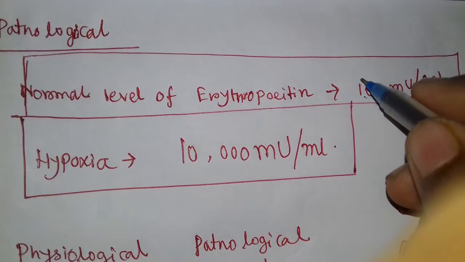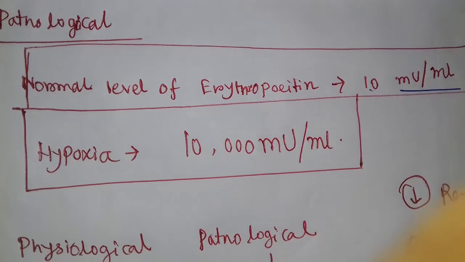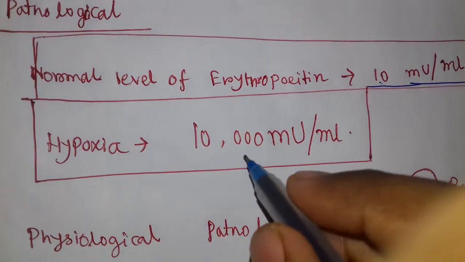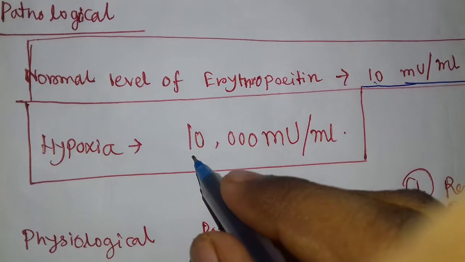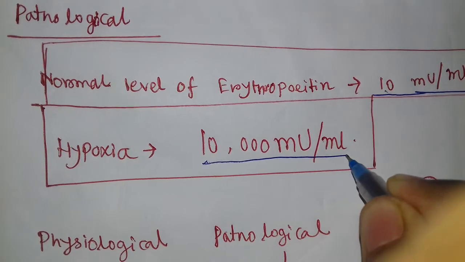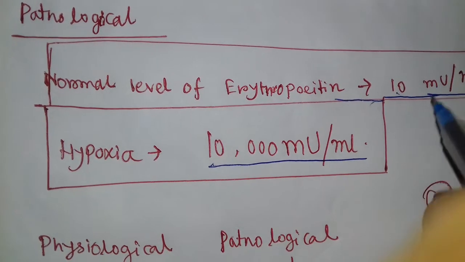From the pathological point of view, we can see the normal level of erythropoietin in the plasma is around 10 milliunit per milliliter, and during hypoxia it gets 1000 times more, that is 10,000 milliunit per milliliter. It can get up to that.